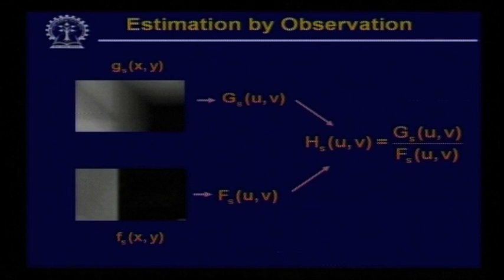By combining these two, I can now have an estimation of the degradation function, which is given by H_s(u,v), equal to G_s(u,v) upon F_s(u,v). So, this is the method that we can use for estimation by observation.